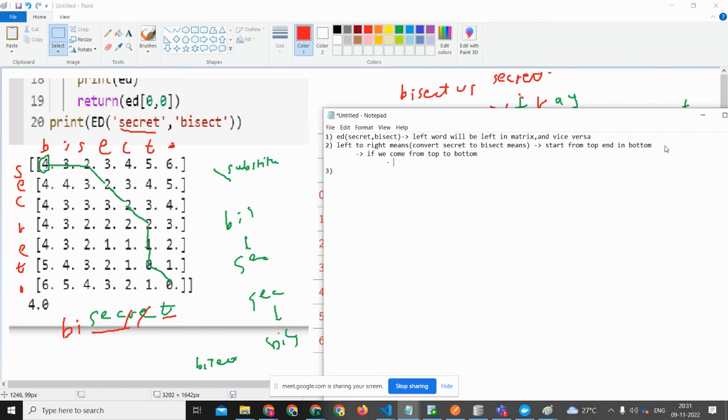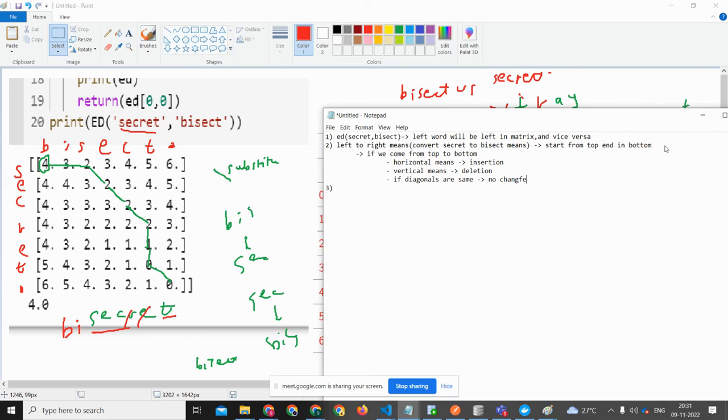Some points which we need to remember: the first point, horizontal means insertion. Vertical means deletion. And if the diagonals are the same, no change.